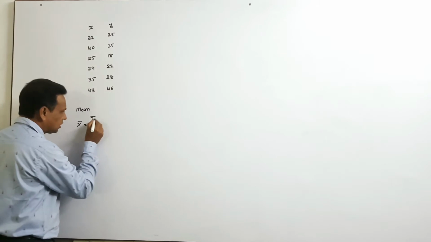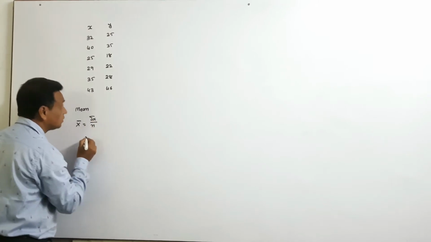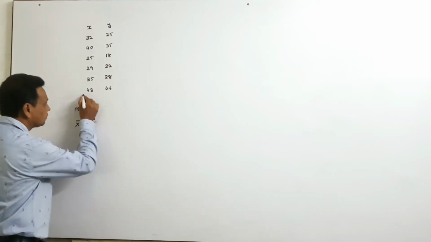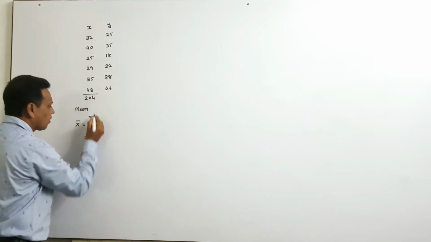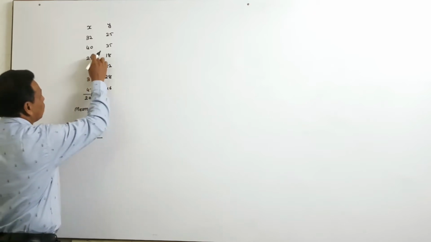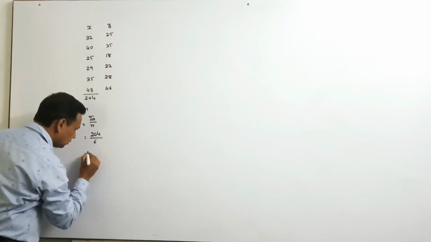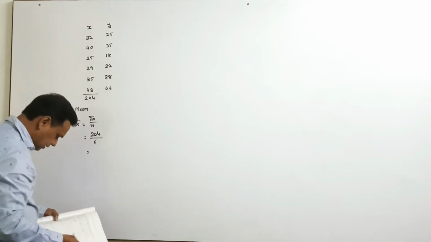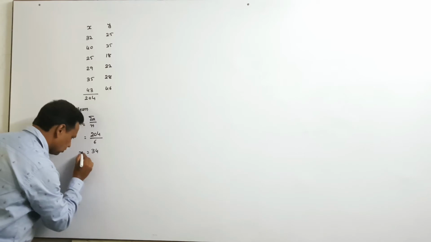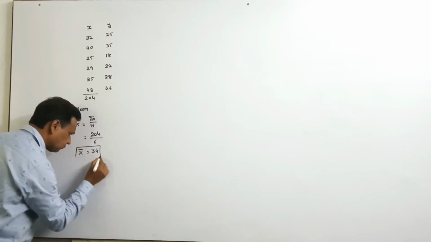So x bar is equal to sum of x upon n. So get the total of the column x, and it is 204. So 204 divided by 6, the answer is 34. So x bar is 34.